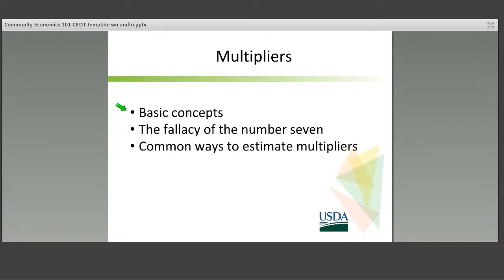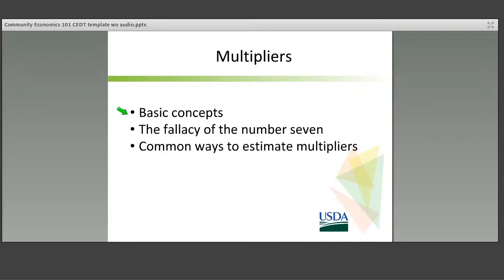And of course that works equally the same way in reverse. If we lose a business, the same process happens where people have less income, they're buying less supplies, and so those negative effects also multiply through the economy. And so it's an accepted fact within economics that we have these multiplier effects.